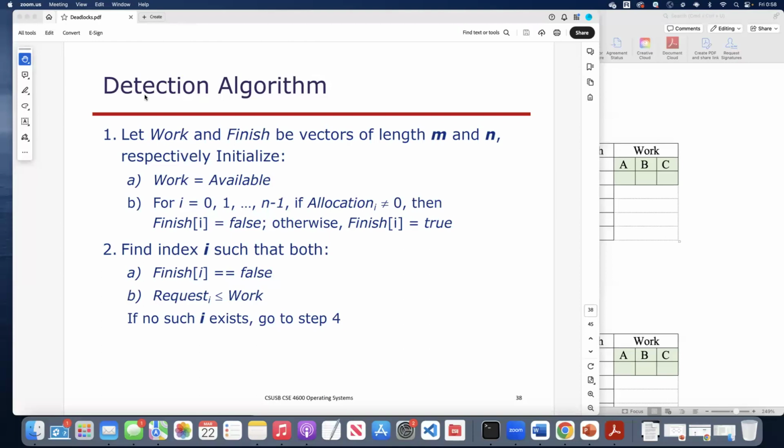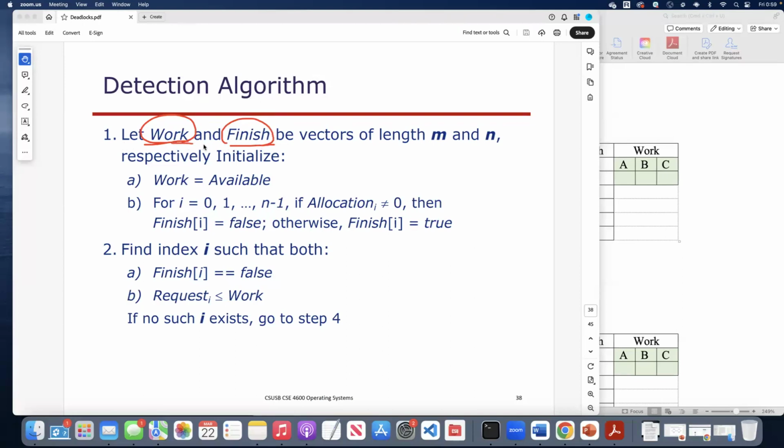This is the deadlock detection algorithm. First step, we initialize two vectors, work vector and finish vector. Work vector indicates the available resource instances, and the finish vector shows if a thread can finish or not.